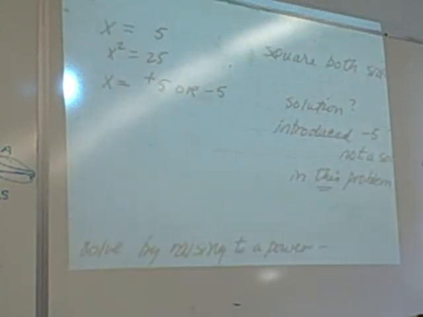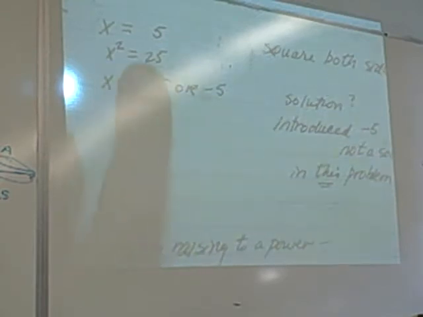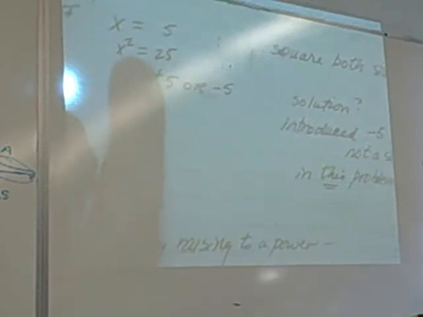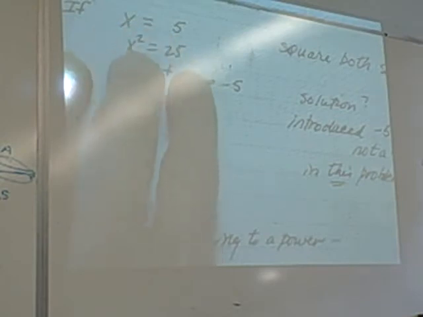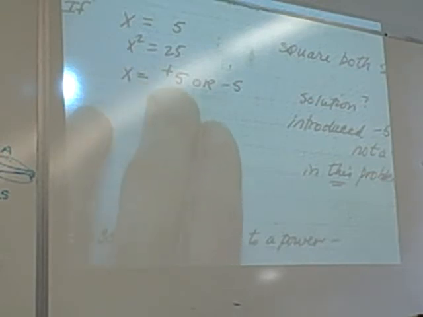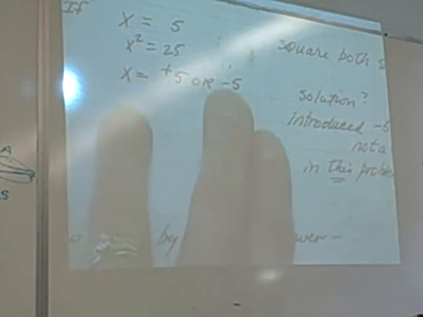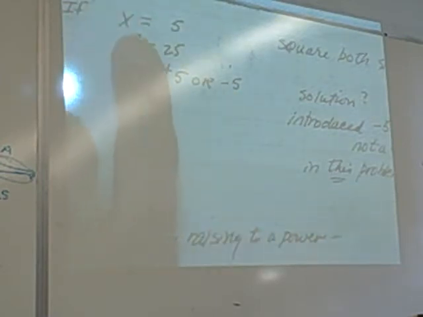Okay, if I had a problem and I told you x is equal to 5, so I'm telling you what the value is. Okay, and then I said to you, well, can you solve for x? And you would say, okay, well, I can square both sides, and x squared is equal to 25, so x is 5 or a negative 5, correct? Correct. But I told you from the beginning that x was equal to 5.